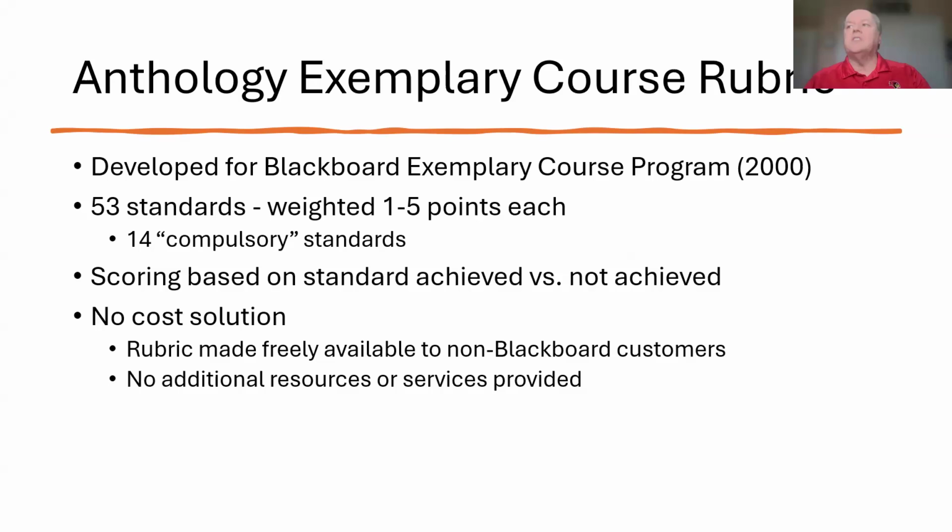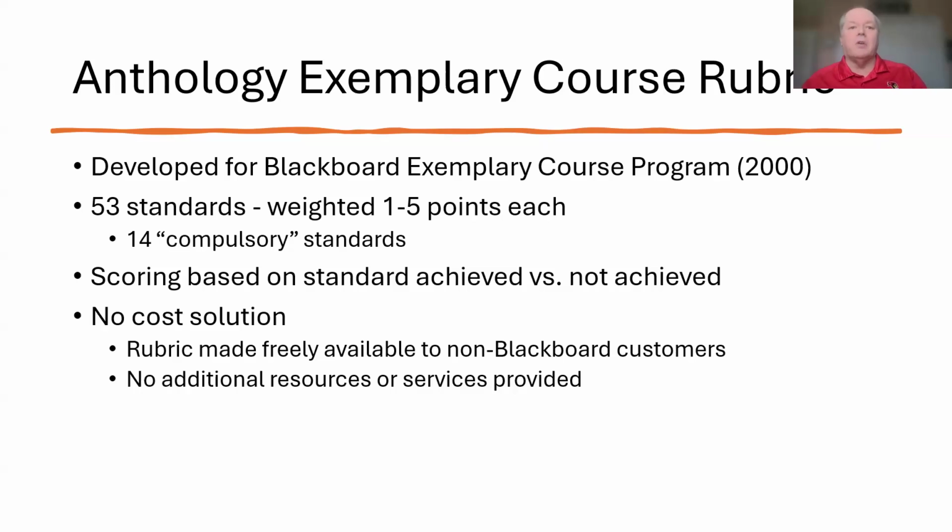So let's talk about the exemplary course rubric. Now, it was developed for the Blackboard Exemplary Course program right back in the early days of Blackboard. I mean, this was 2000. Blackboard was started in 1997 and really started becoming popular in 1999. So the Exemplary Course rubric has 53 different standards, and each standard is weighted from 1 to 5.